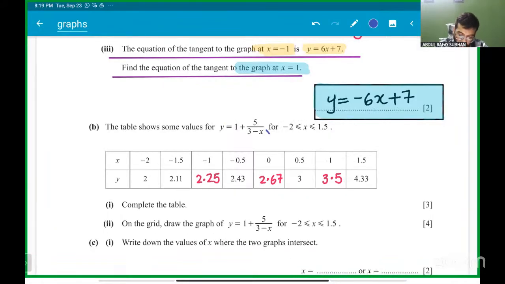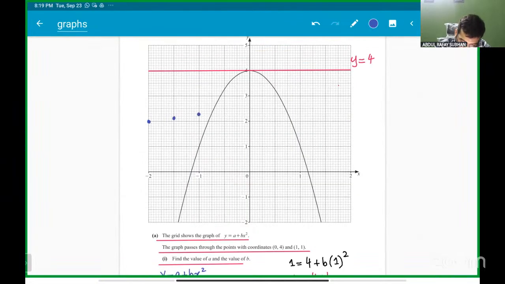As you can see, we have x in the denominator, sir. Since we have x in the denominator, it basically means this is a reciprocal graph. It's a reciprocal graph, okay? So at -1 it is 2.25 and at -0.5 it is 2.43, something here very close to 2.5.